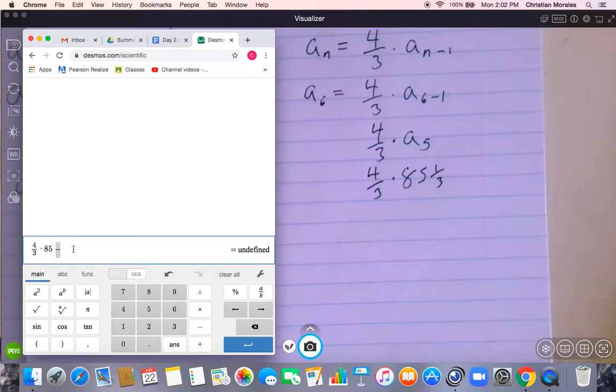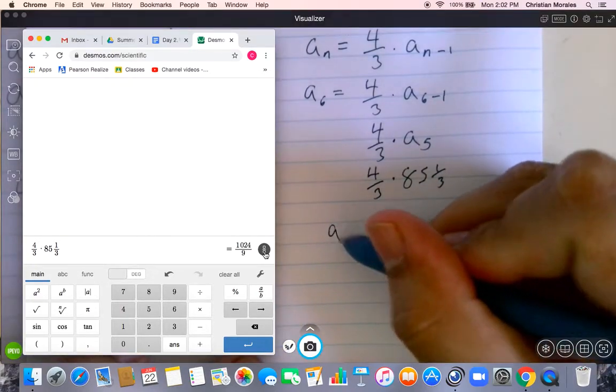I'm trying to combine this together. There you go. And then you know what? I'm going to turn it into a fraction. So there it is. There's my next fraction.